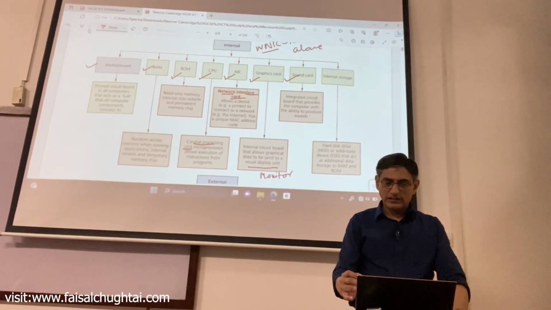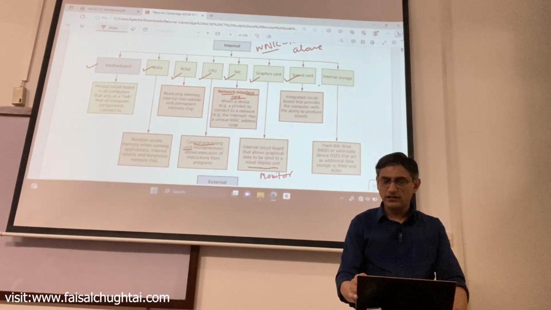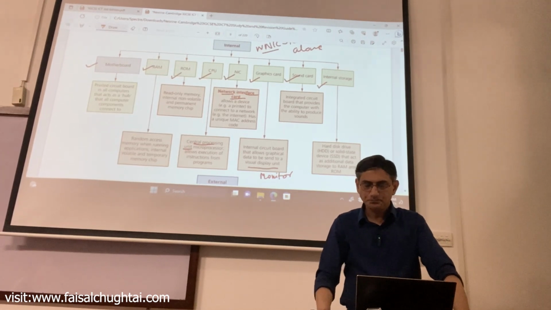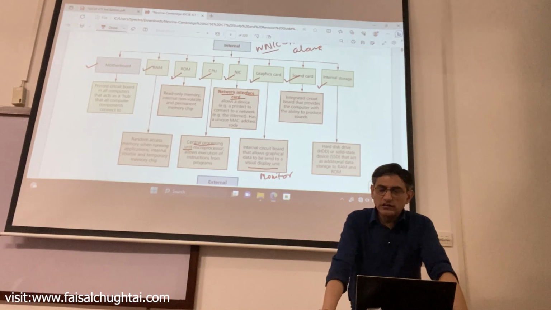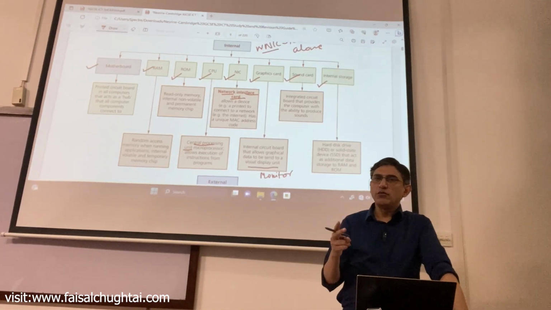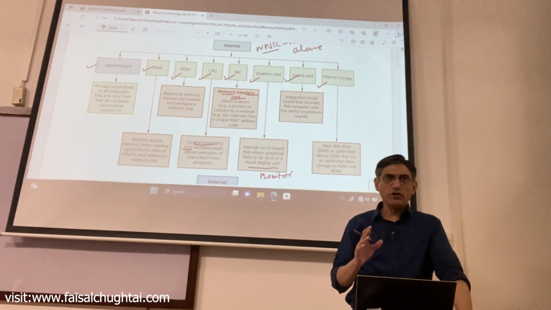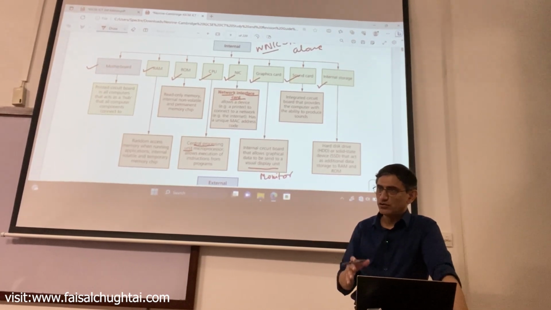All right, the last of the internal hardware devices that we have to discuss is internal storage. Two devices that we have already spoken about are RAM and ROM. RAM and ROM are storage devices, is that right or not? Because they store data.